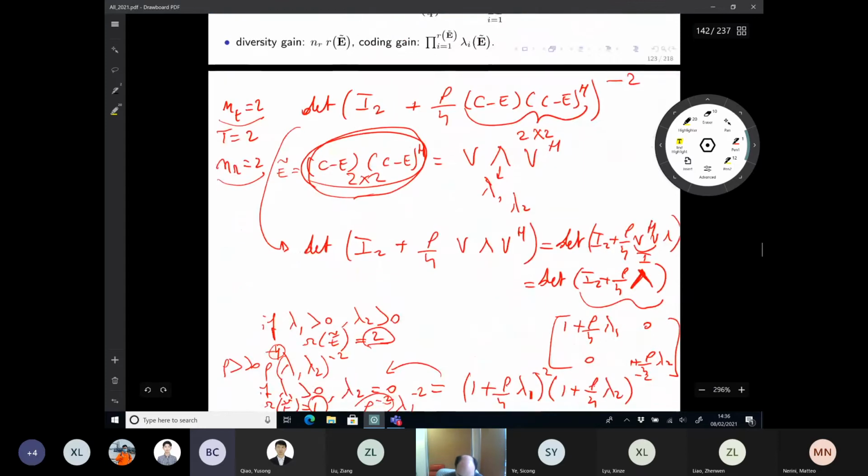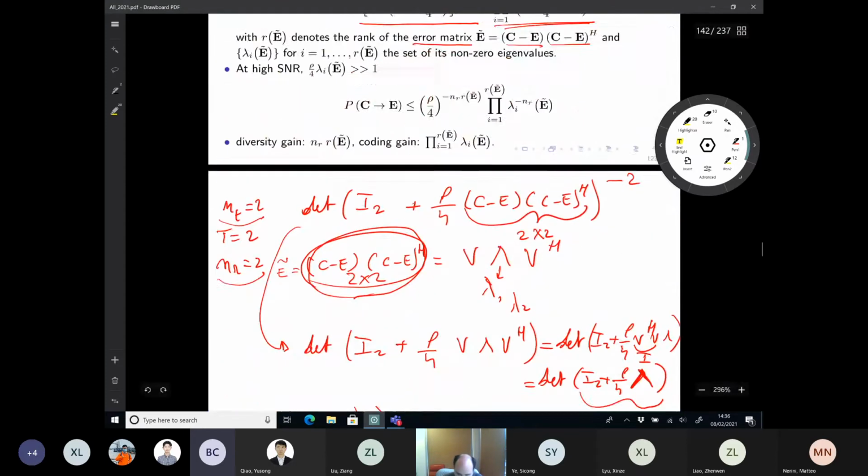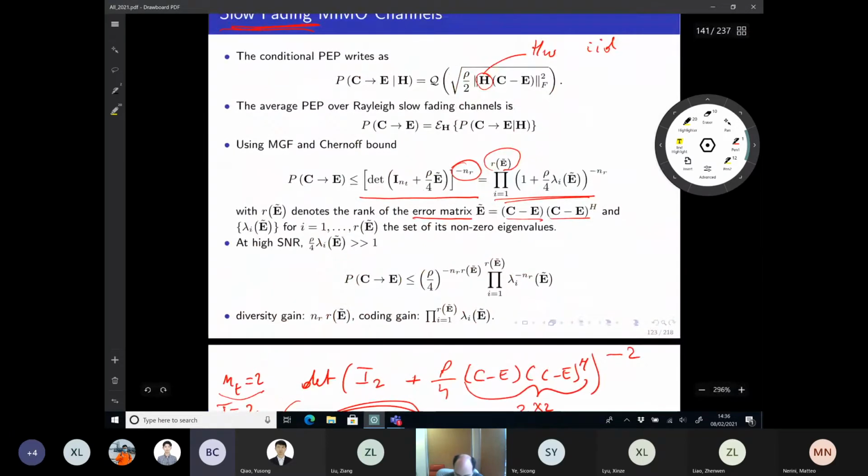So in this example, if I had only one of them, the rank is equal to 1, so I have only one non-zero eigenvalue, and so I have only one term. So at high SNR, what we end up with is exactly what I wrote before. We have the exponent of the SNR is NR, because I have NR receive antennas, multiplied by the rank of this error matrix.